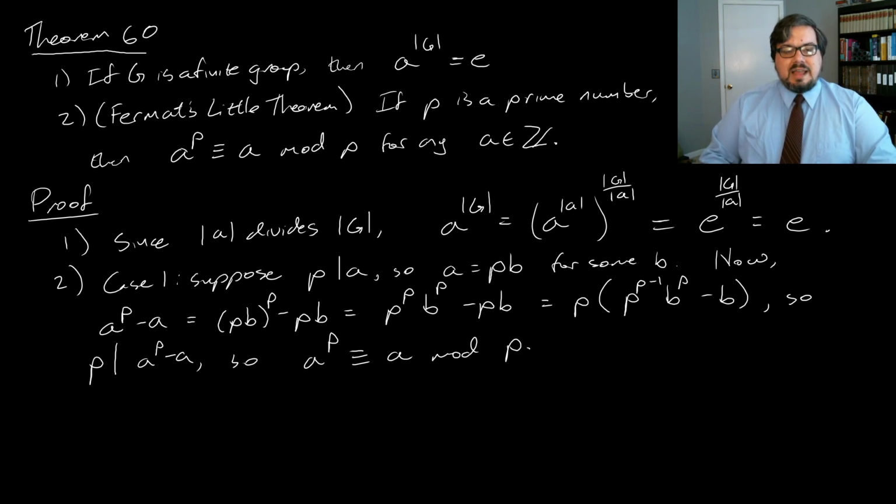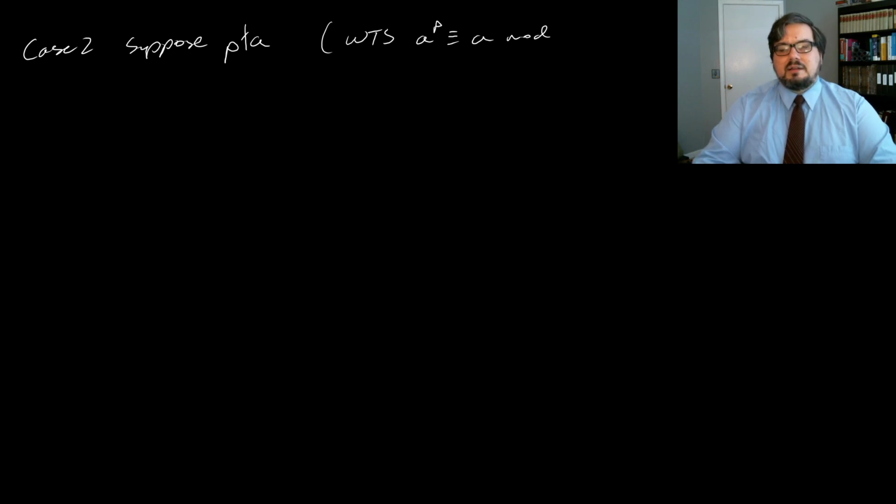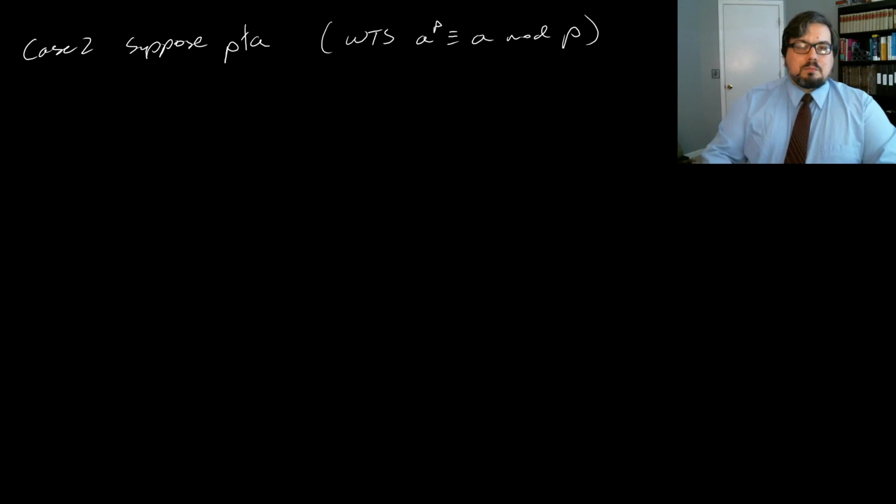Now, for case 2, let me get a new page. It doesn't take a lot, but I don't want to crowd myself. So case 2, let's suppose that P does not divide A, and we want to show that A to the P is congruent to A mod P. So, if P does not divide A, then that means that A and P are relatively prime.